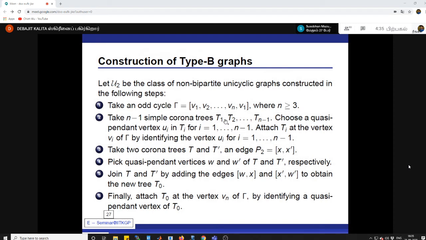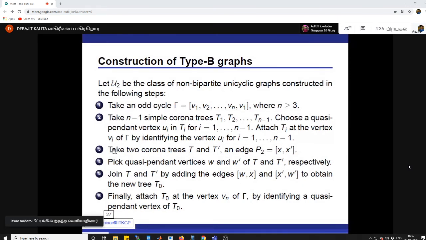We take n minus 1 simple corona trees, and for each of these we consider a quasi-pendant vertex, say ui in ti, and attach these simple corona trees at n minus 1 vertices of gamma by identifying a vertex vi of gamma with the quasi-pendant vertex ui of ti. So at n minus 1 vertices of the cycle, we are attaching simple corona trees.